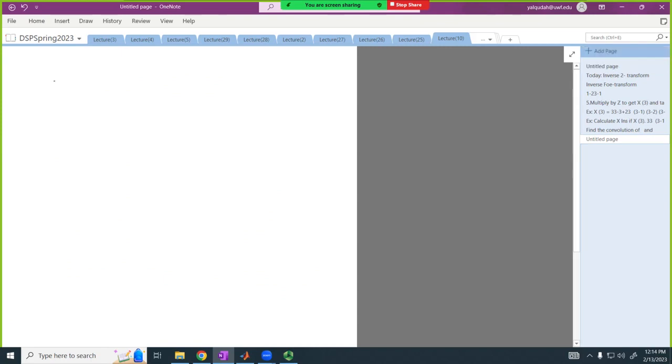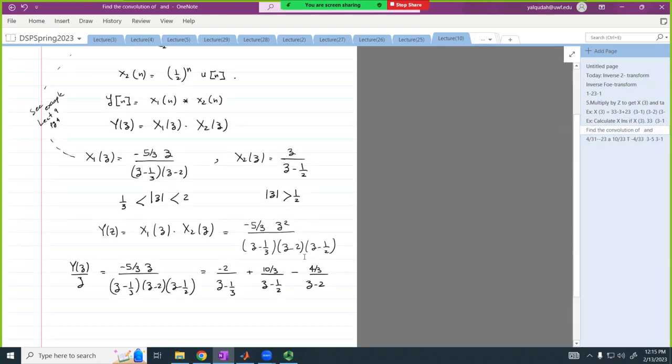And therefore, we can write y of z as equal to -2 multiplied by z divided by z minus 1/3, plus 10/3 z divided by z minus 1/2, plus -4/3 z divided by z minus 2. Now if I look at the region of convergence, this is between 1/3 and 2. This is greater than 1/2.